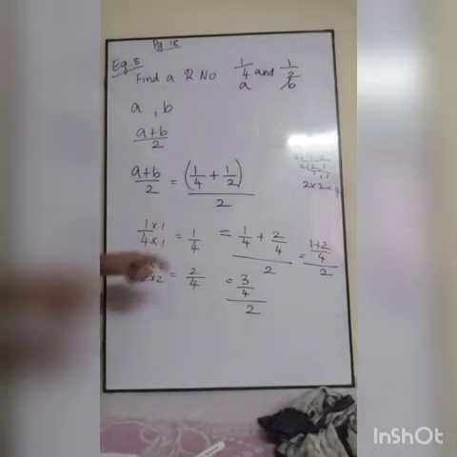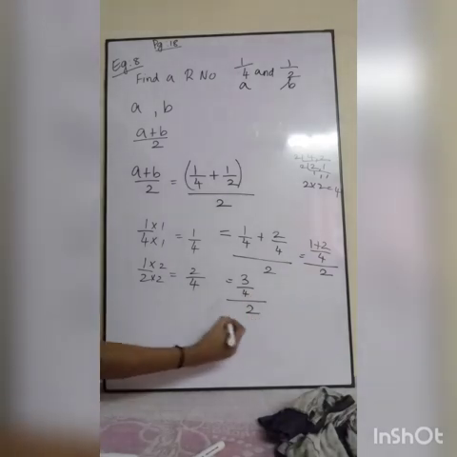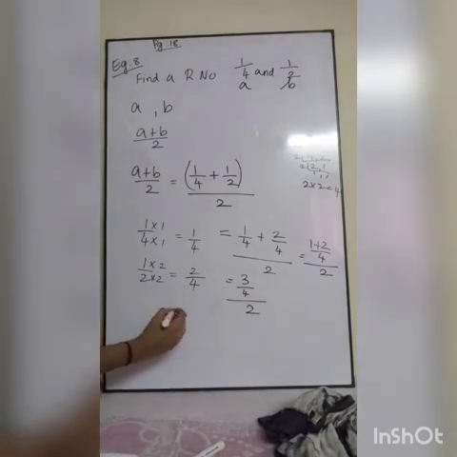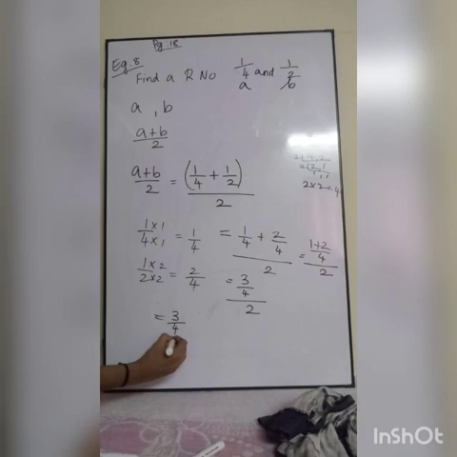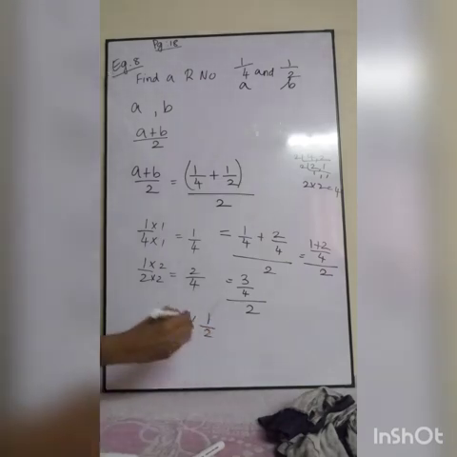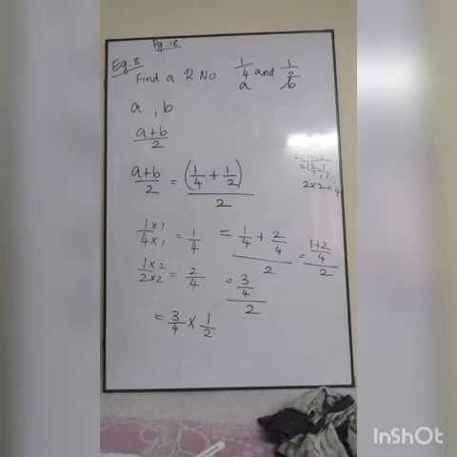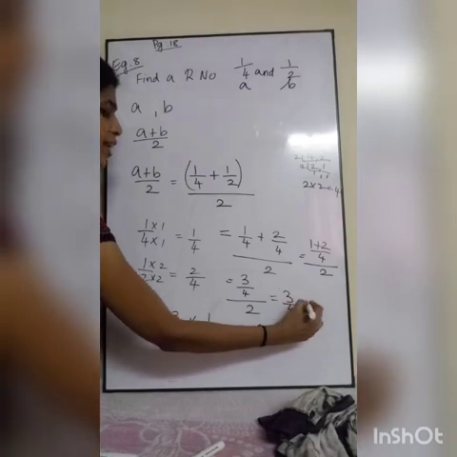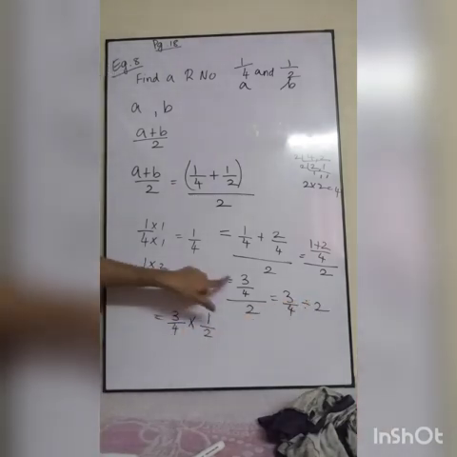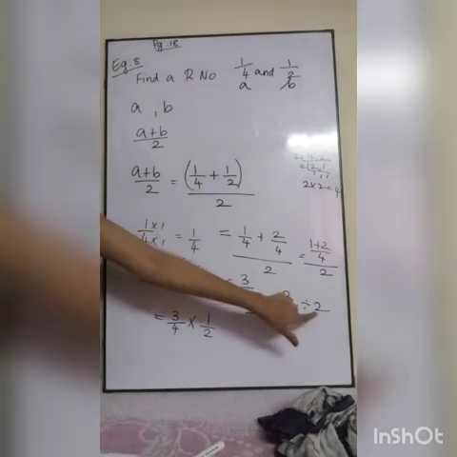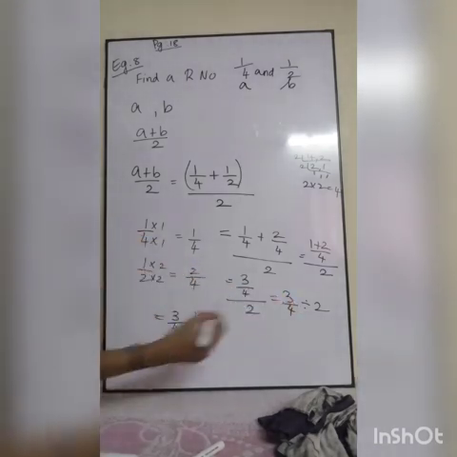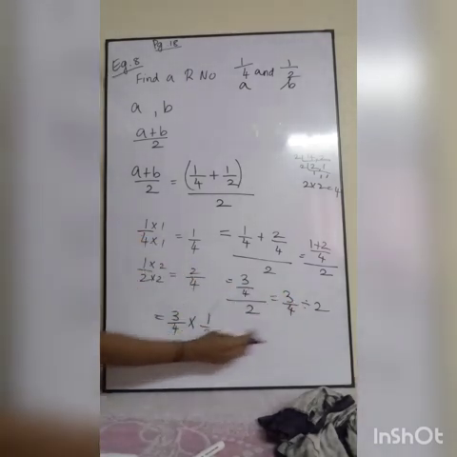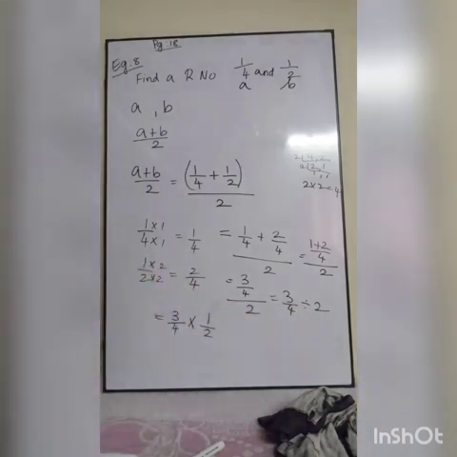Then you write 1 by 2. Why? Listen carefully. The actual meaning here is 3 by 4 divided by 2, right? 3 by 4 is divided by 2. So I am making this division into multiplication. So 2 will become 1 by 2.